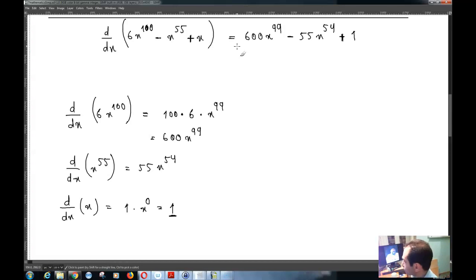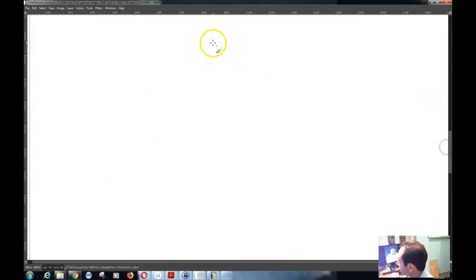Or suppose that you have a function like f of x equal to 1 plus x squared plus x cubed, plus all the way up to x raised to the power 50, and you want to find the derivative of this function at x equal to 1.